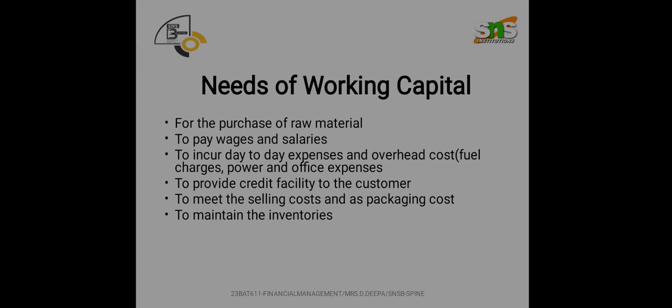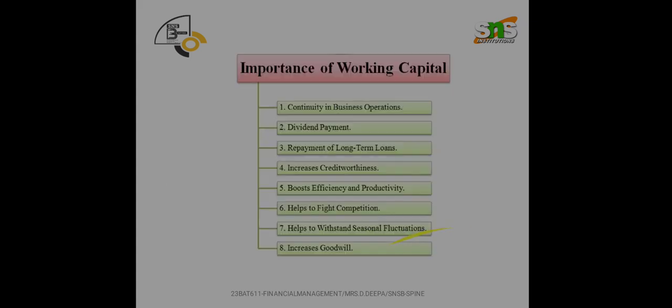Next are all the day-to-day expenses that we need to manage, and all other overhead expenses like fuel, power, and office expenses that we need to balance. Next is credit facilities that we need to provide to the customers. Selling as well as packaging cost will be there, and inventory maintenance also requires some cost.